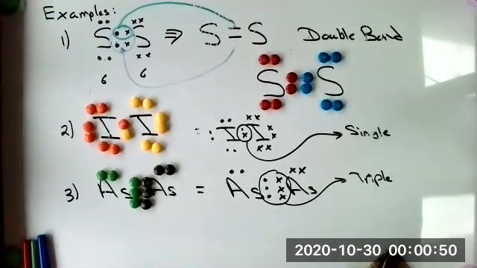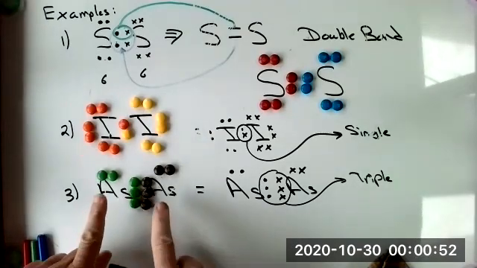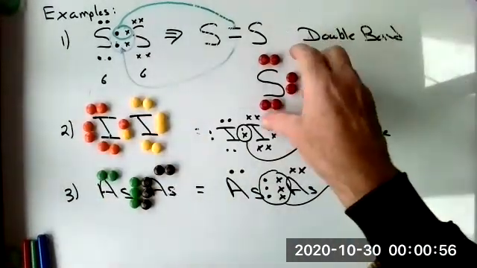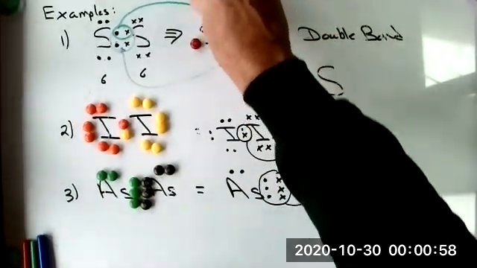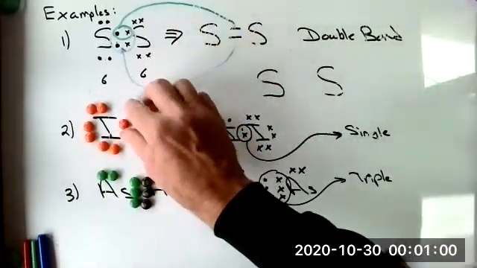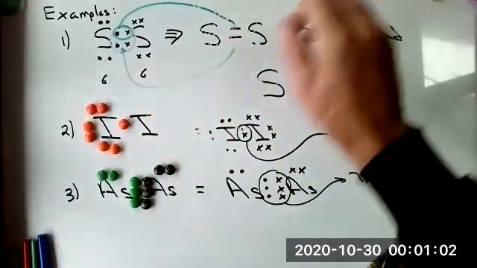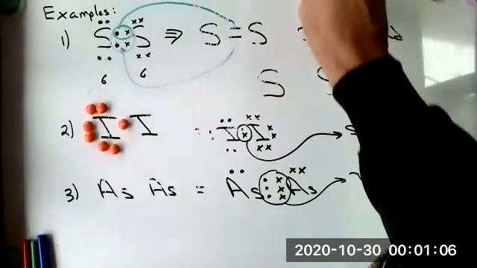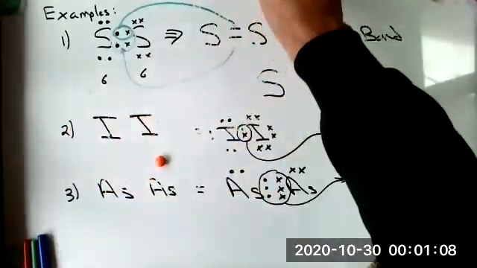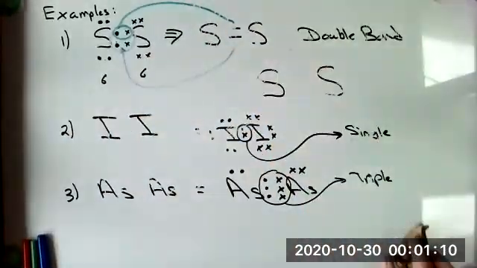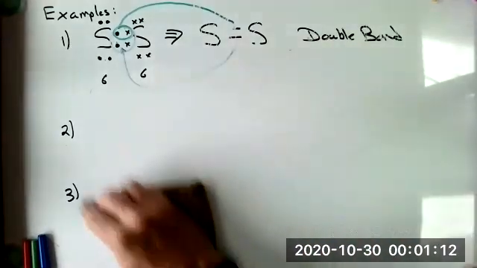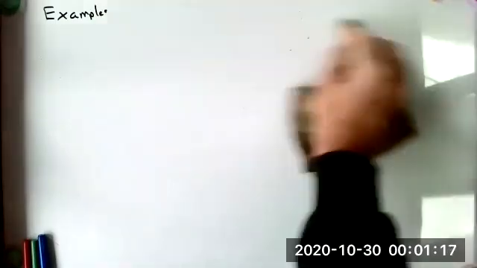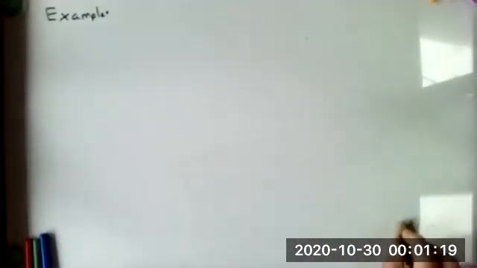So let's expand now. Let's get out of these little diatomic ones and get into polyatomic ones. Poly simply means many. So let me clear the board and let's start off. Nothing too hard. It's time for us to bring in good old hydrogen. That sucker's very common.